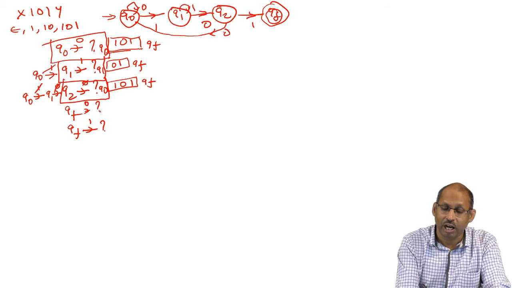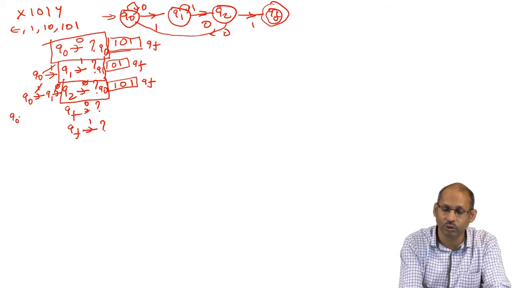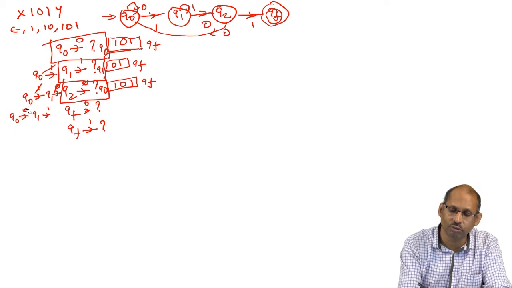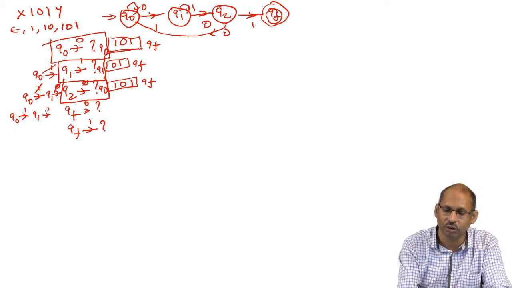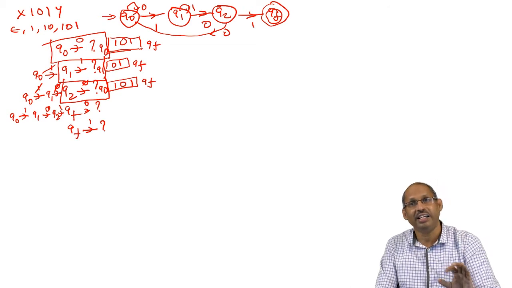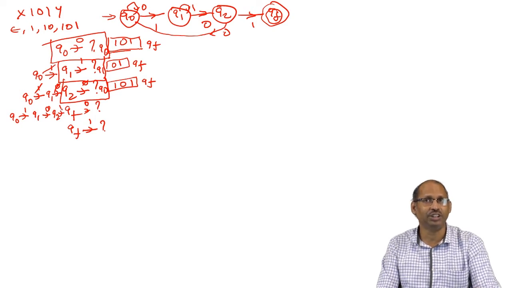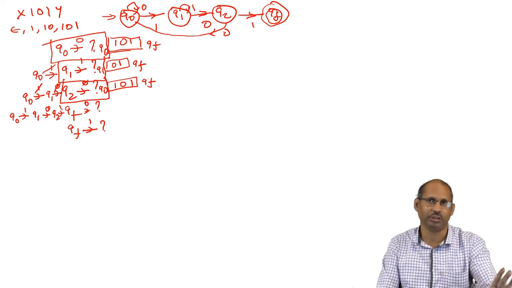Now, how do we reach the final state? Q0 on 1 goes to Q1, Q1 on 0 goes to Q2, Q2 on 1 goes to QF. Already the condition is satisfied. After the condition, that is y, a sequence of 0s and 1s is accepted.